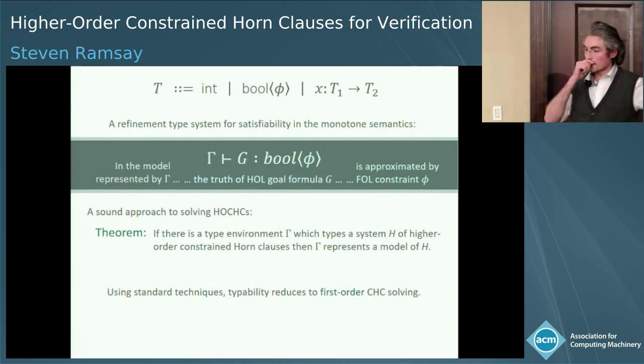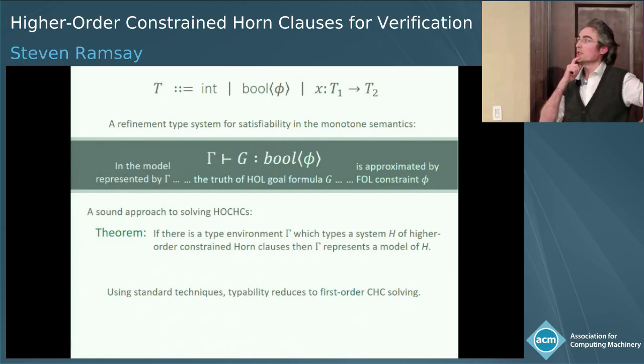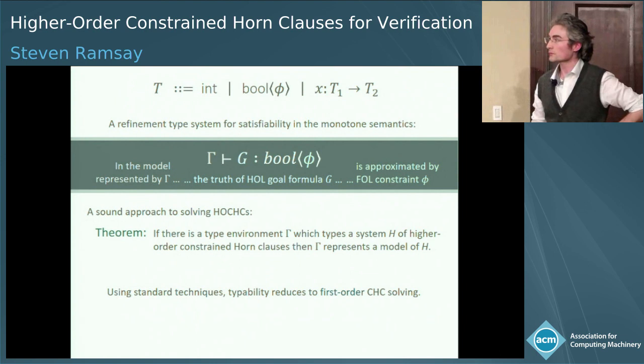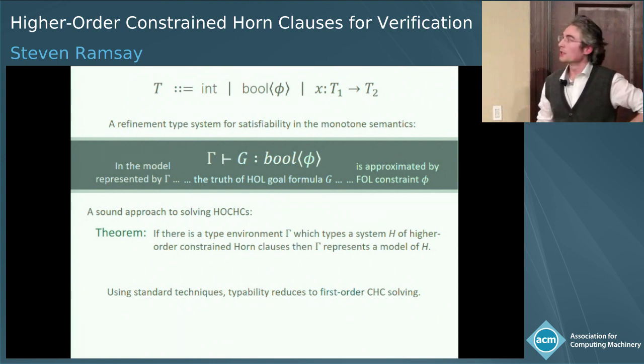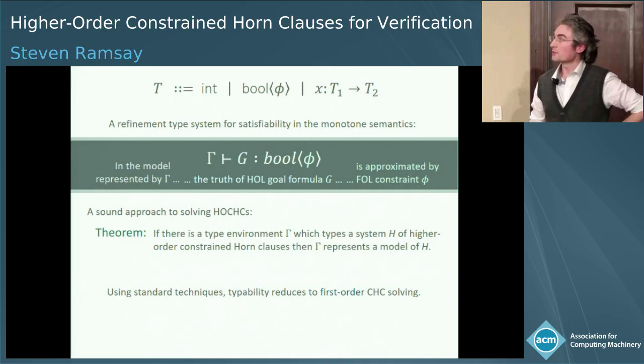So this type system allows us to set up a kind of sound approach for solving systems of higher order clauses. We have a theorem that says that if you can find a type environment, gamma, which types a system of clauses, then in fact this type environment is a representation of a model of that system.